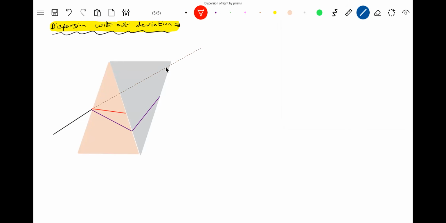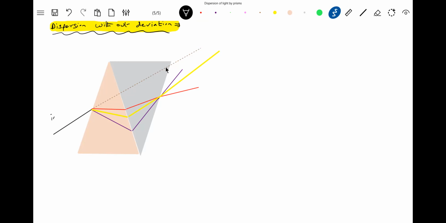Combined. You can clearly see there is the yellow color light and the incident white light.